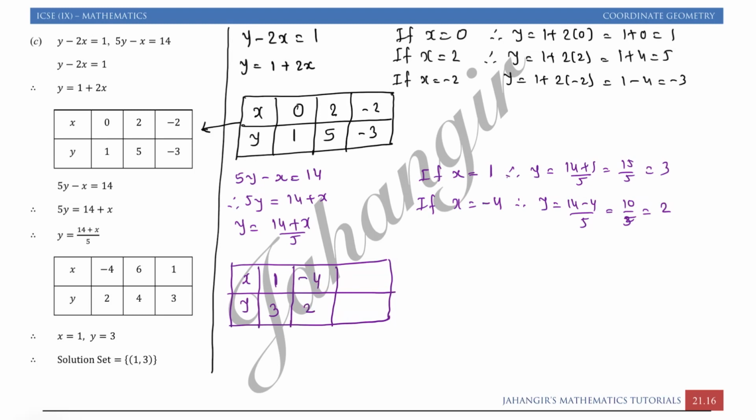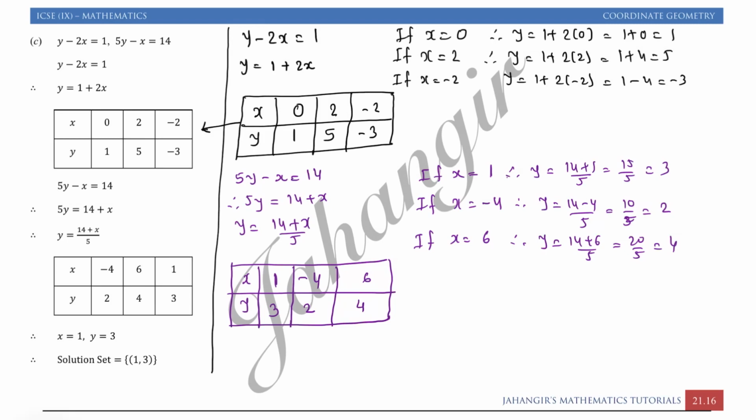Either you can take minus 9, it will become 5 by 5, 1, but minus 9 is a bigger number, so I will go for 6. If x is equal to 6, y will become 14 plus 6 upon 5, that is 20 by 5, which is 4. If I am taking 6, you will get 4. So we can make coordinate table.